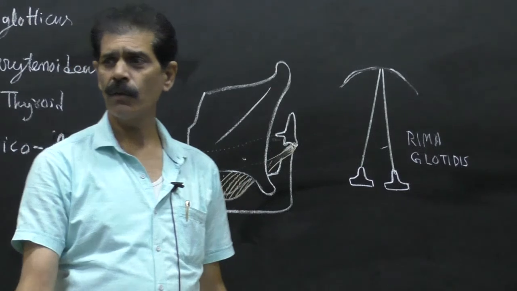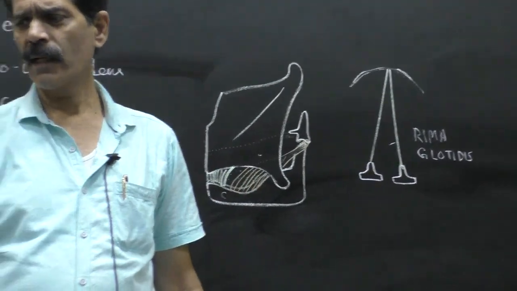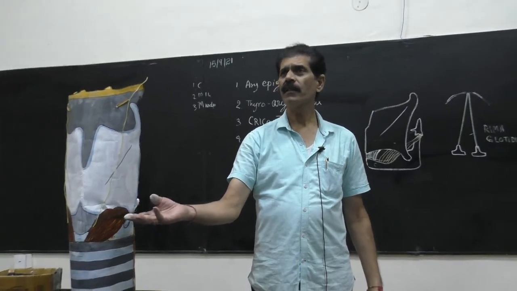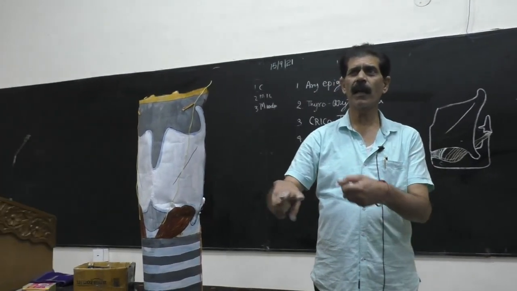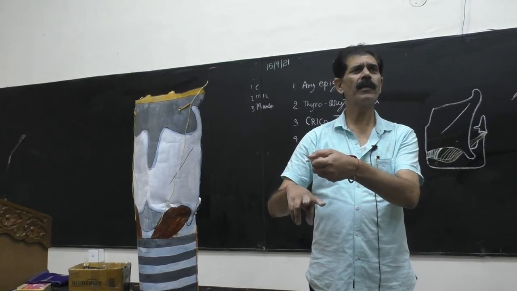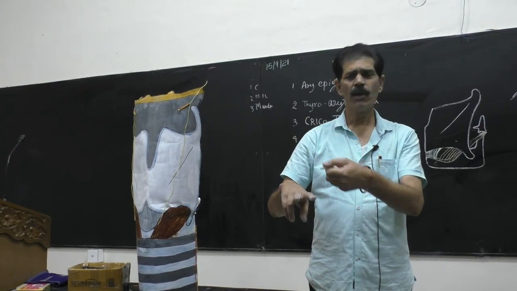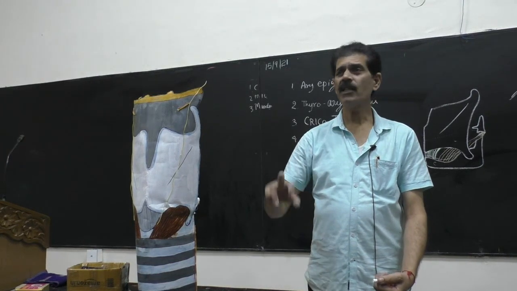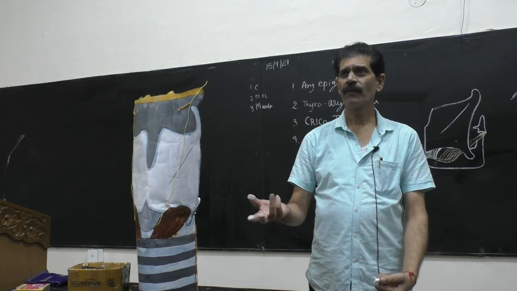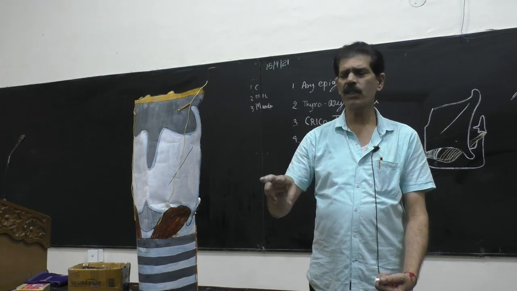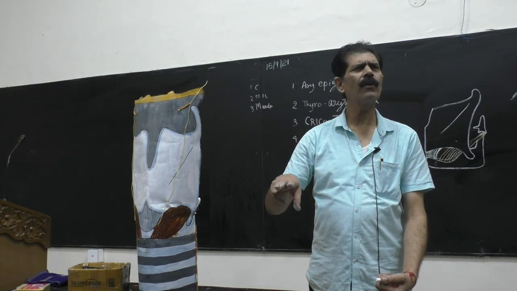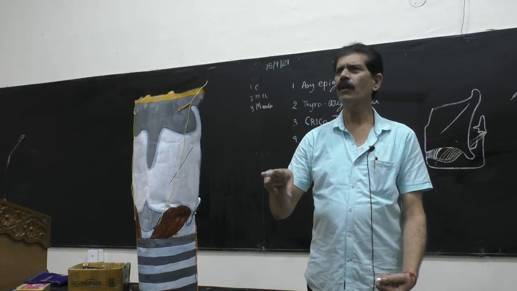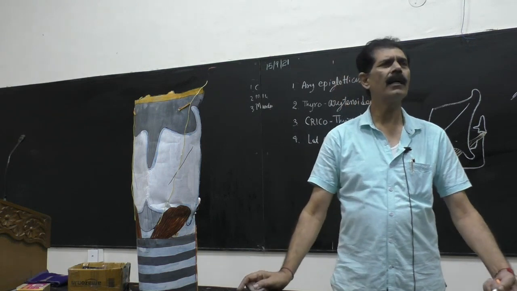When this air from the lungs passes through the trachea, it passes through the vocal cords, which lie below, while the vestibular fold of the quadrangular membrane lies above. When they pass through the vocal cords, they vibrate, and this vibration produces sound. So during voice production, or phonation, the vocal cords come very close together, and this coming together is called adduction movement.